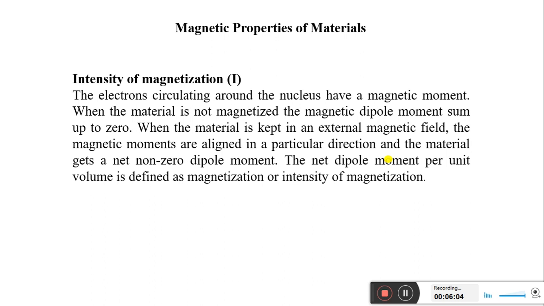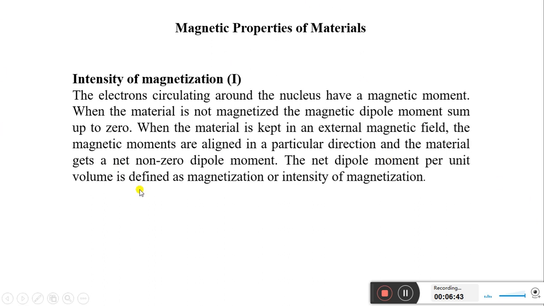Now we'll discuss the magnetic properties of material, like the semiconductor properties, mechanical properties and electrical properties of material. We have discussed all those things in previous classes. So today we will discuss the magnetic properties of materials. First property is known as intensity of magnetization I. The net dipole moment per unit volume is defined as the magnetization or intensity of magnetization.